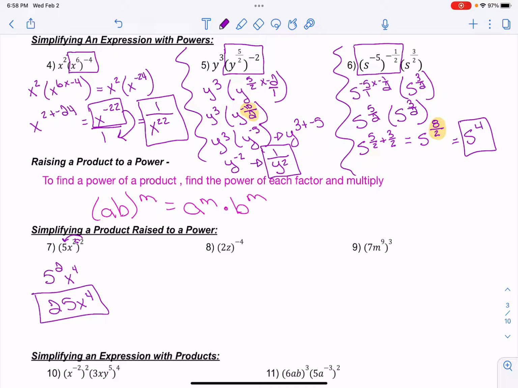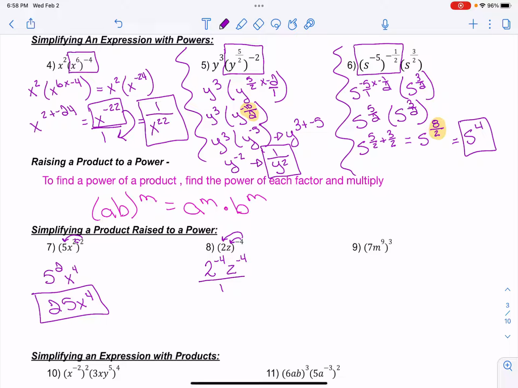Number 8, we have 2z to the negative fourth. So again, that negative 4 has to go to the 2 and to the z. So we would have 2 to the negative fourth and z to the negative fourth. Now we have negative exponents, and our final answer cannot have that, so we have to get rid of those negative exponents before we do anything else.